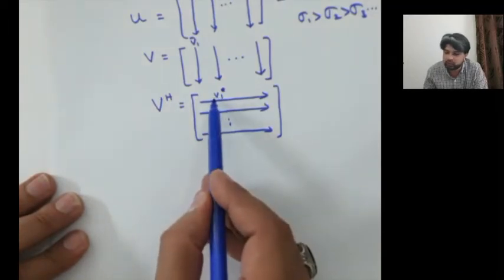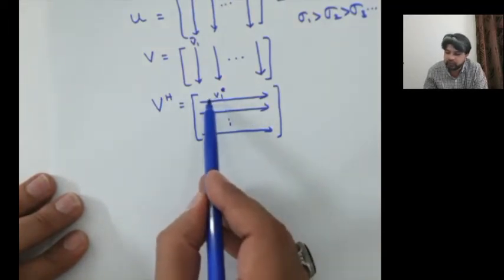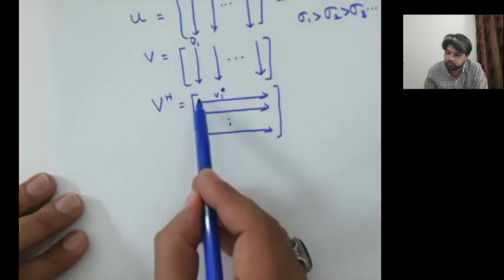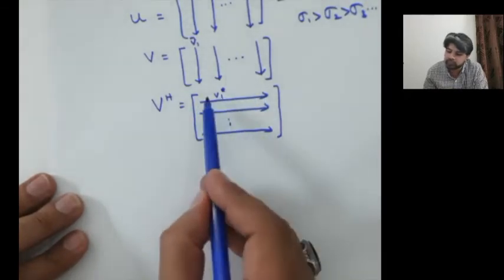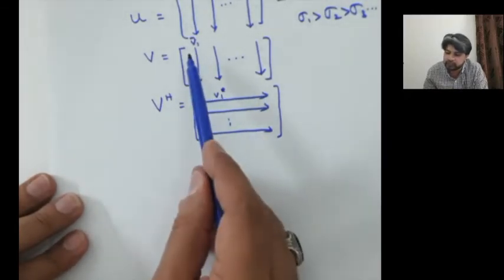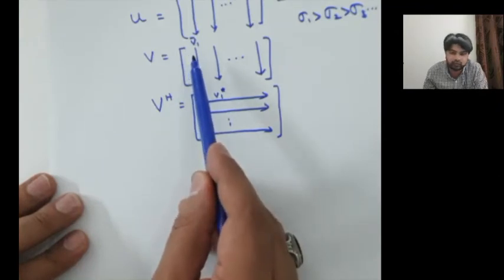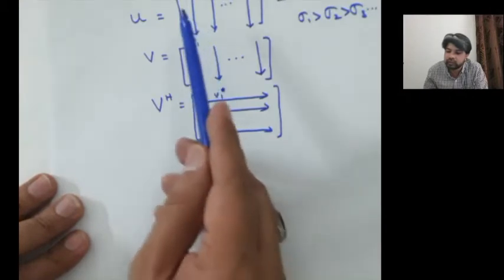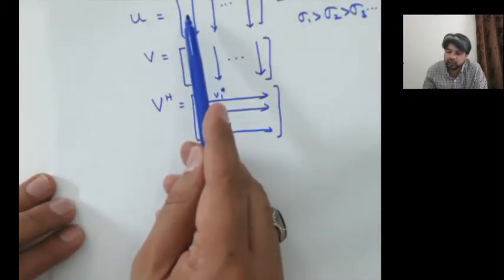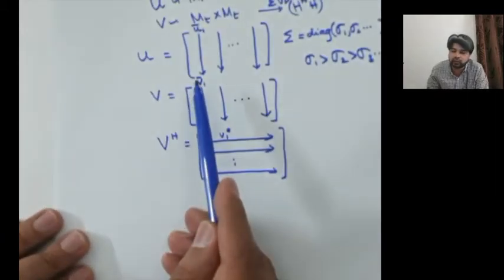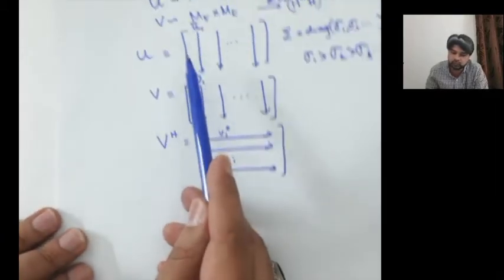So you would pre-code your signal with the first eigenvector of this V matrix, and then at the receiving end you would reshape with the first eigenvector of the U matrix, rather U Hermitian.